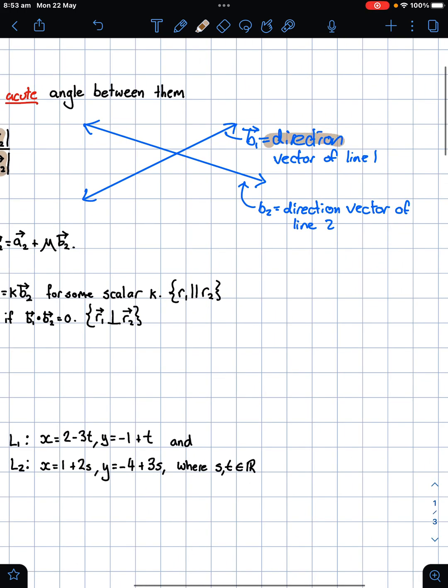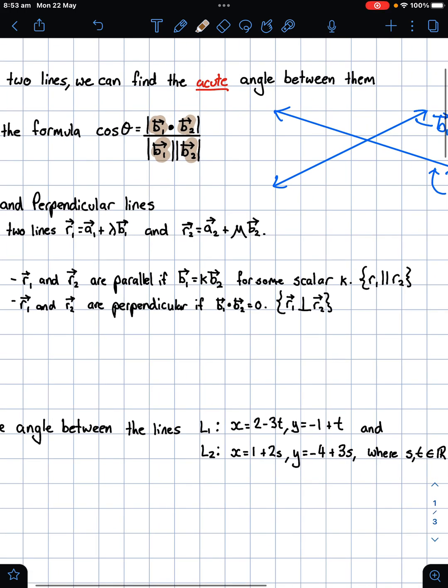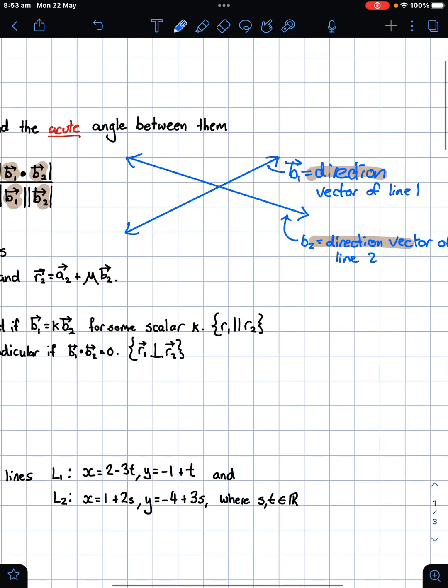Obviously a line goes on for infinity, so we're just looking at those components, which will give us this angle here. This angle here, theta, is the acute angle, which means you could figure out this one here or this one here.